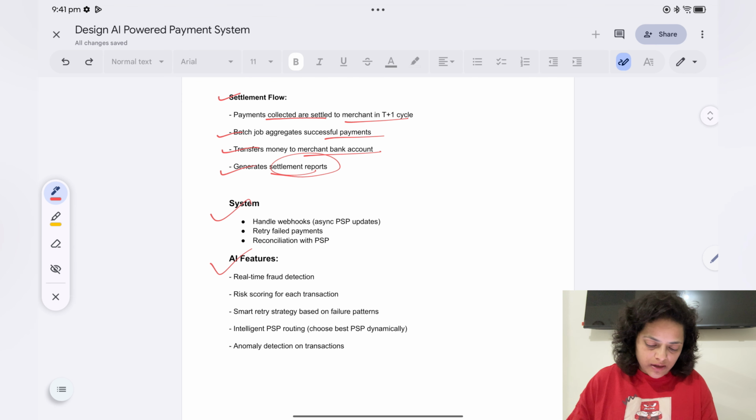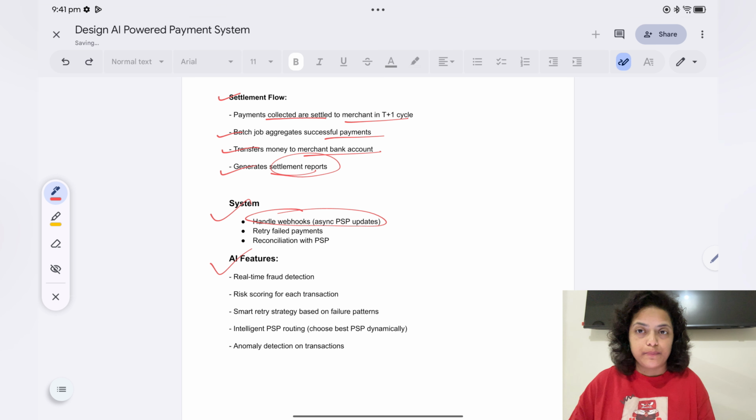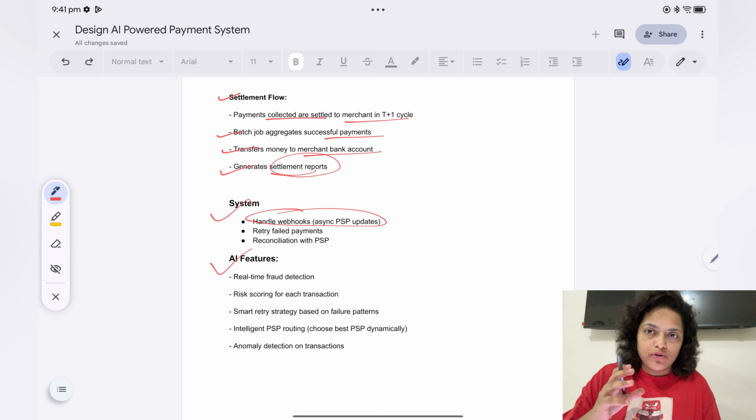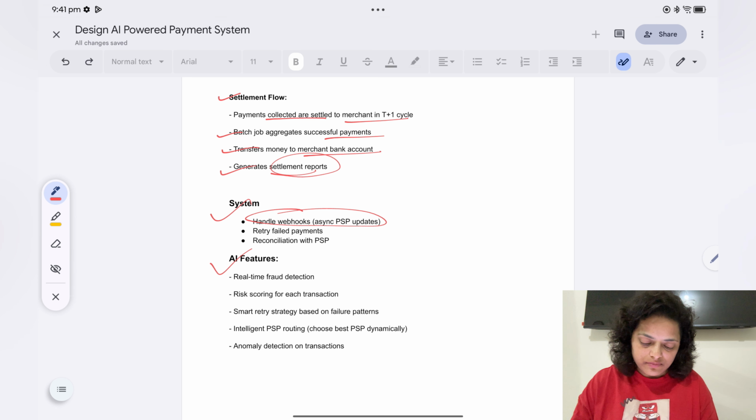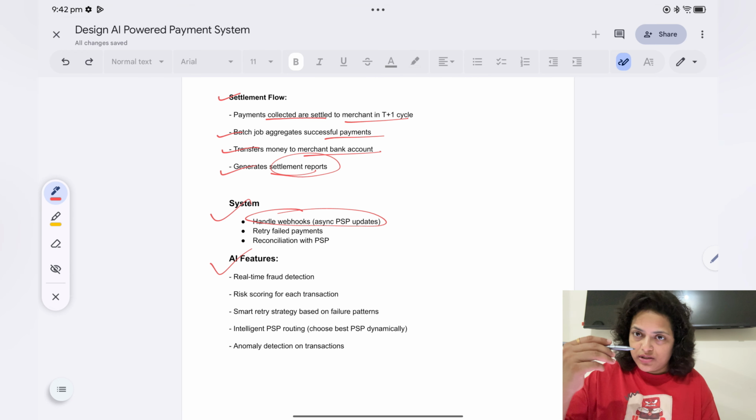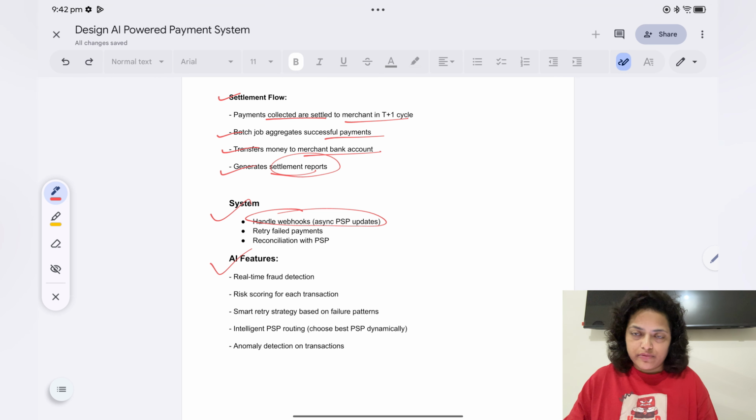Now the system handles webhooks and async PSP updates. It means you're using third party payment gateways, right? They will settle the transaction, and using a webhook they will inform you that this transaction is done, asynchronously, so the user doesn't need to wait for that, and our application flow will not wait for that.